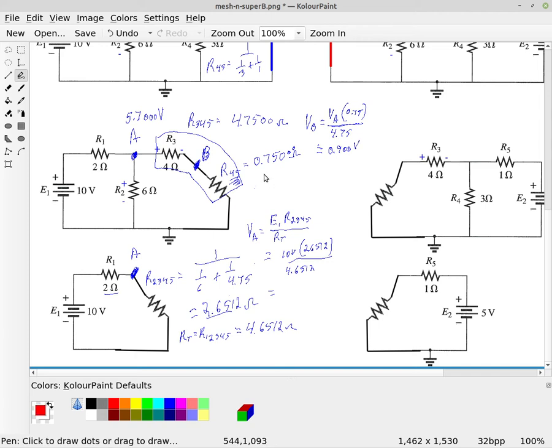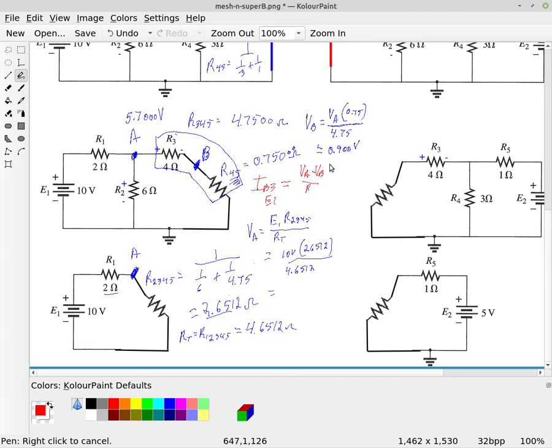And so we can then find the current through R3 due to E1. It is the voltage VA minus the voltage VB, divided by the resistance of R3.